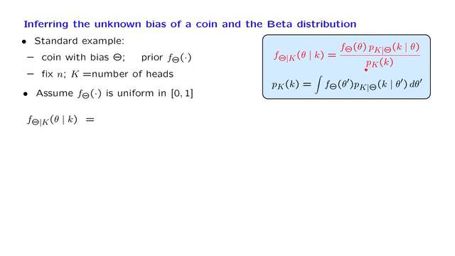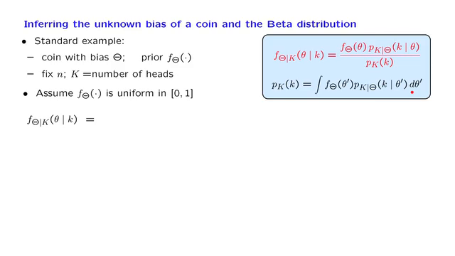As always, the denominator term is such that the integral of the whole expression over theta is equal to 1. This is the necessary normalization property. And because of this, the denominator term has to be equal to the integral of the numerator over all theta, which is what we have here.